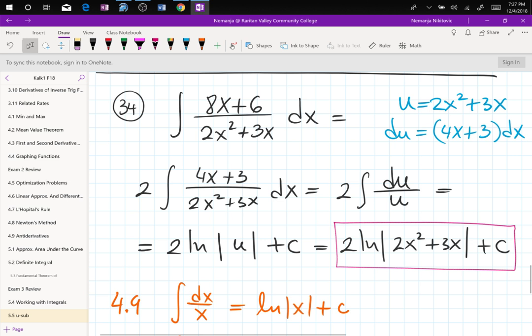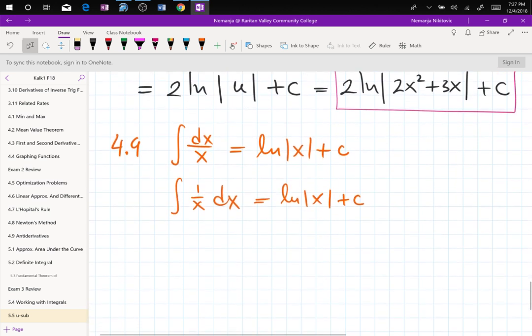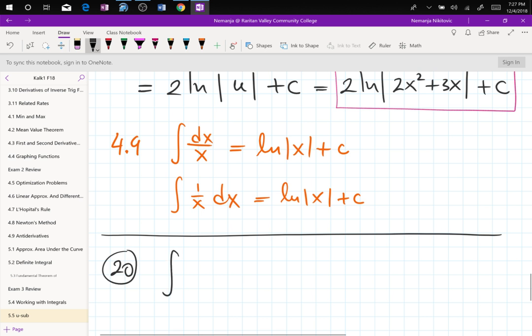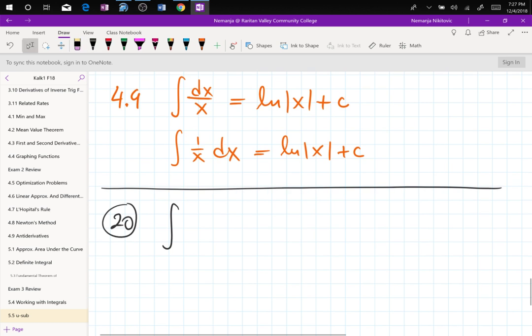Let's take a look at problem 20. Problem 20 says: integral of square root of x plus 1 to the 4th power divided by 2 square root of x dx.